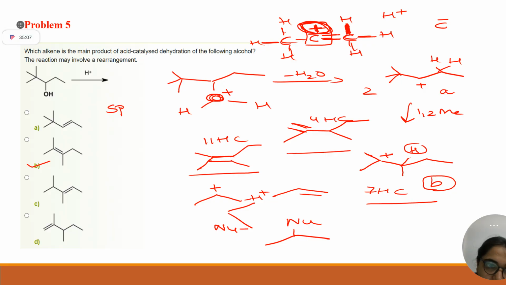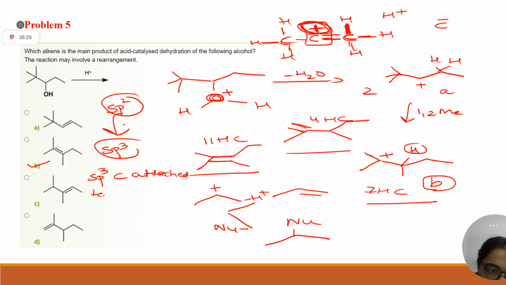Whatever sp2 carbon is there in your system, you have to go just next to that carbon. Add sp3 carbon attached to sp2 carbon. Check the number of hydrogens that sp3 carbon is having.